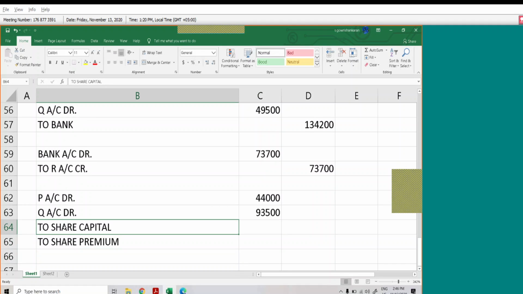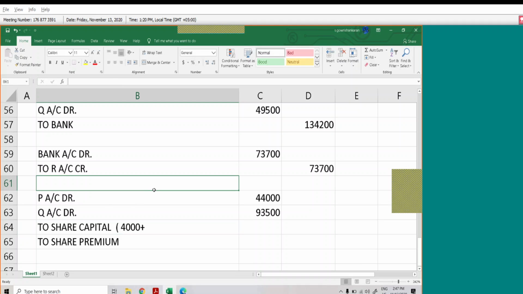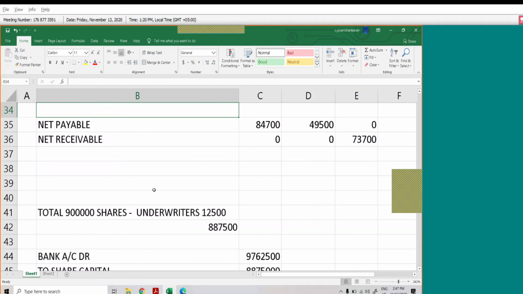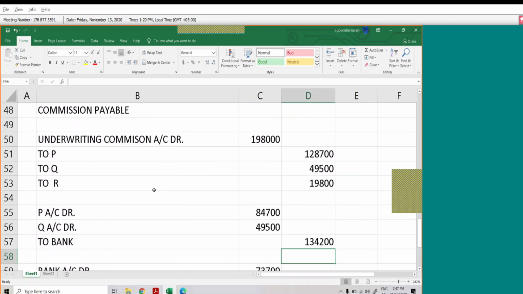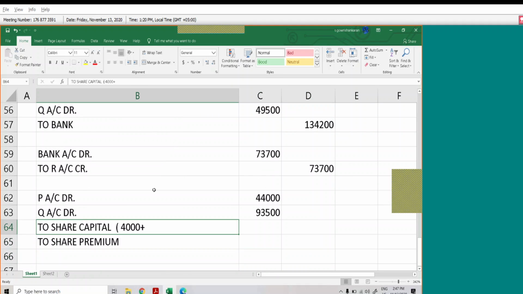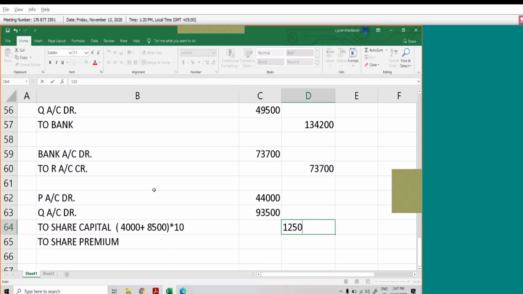Share capital, what is the share capital? It's nothing but 4,000 shares plus 8,500 shares, that is 12,500. 12,500 into 10 is how much? 1,25,000.